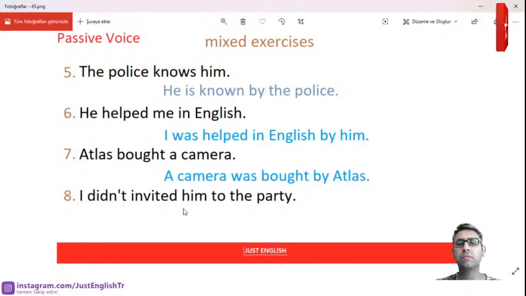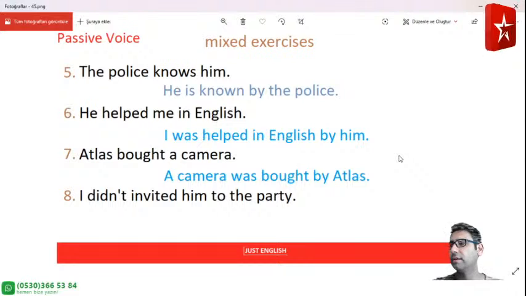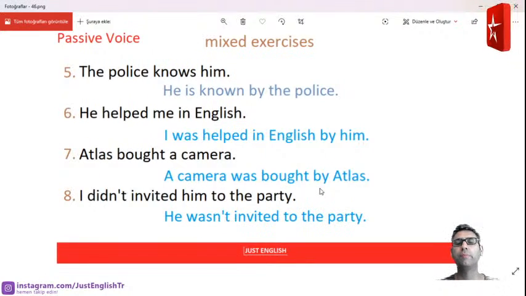So I'm going to start my sentence by using this word as a subject. Him is he, right? It's for men. So he wasn't invited to the party. That's negative, so I'm going to use the negative form of passive. He wasn't invited to the party.